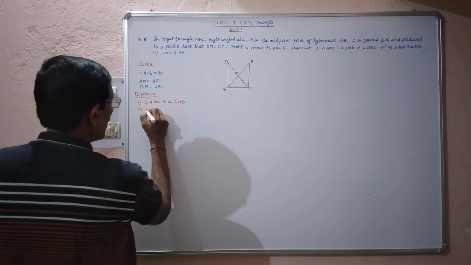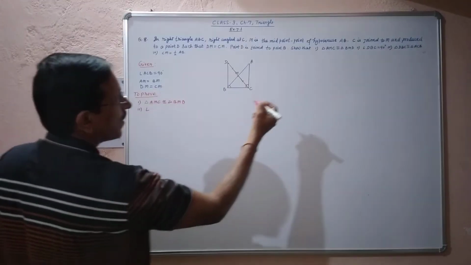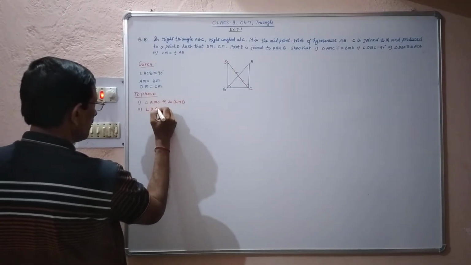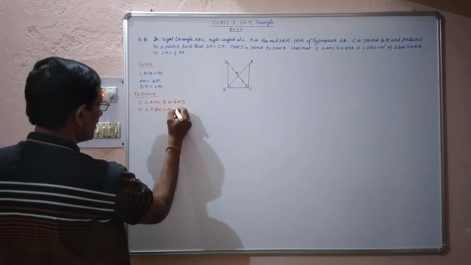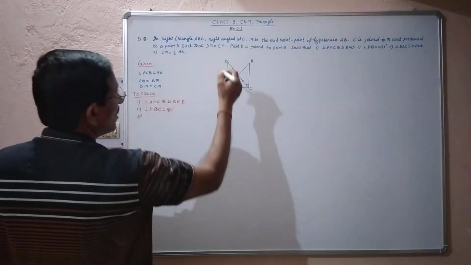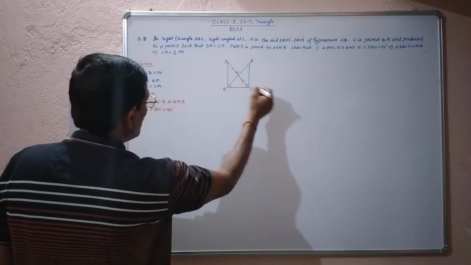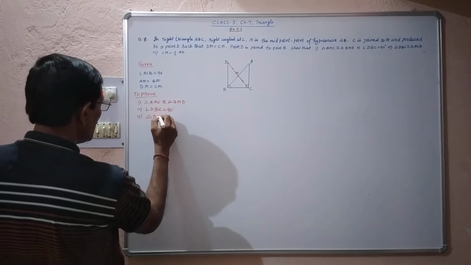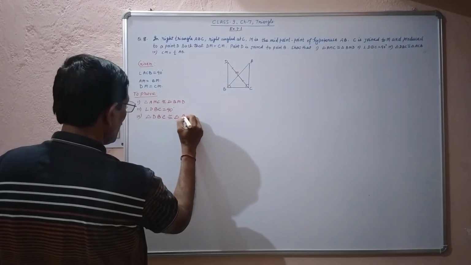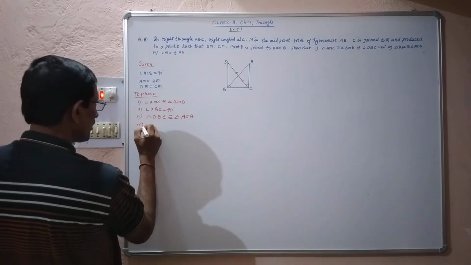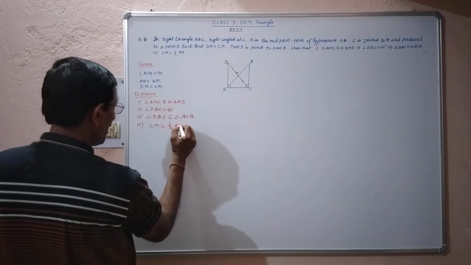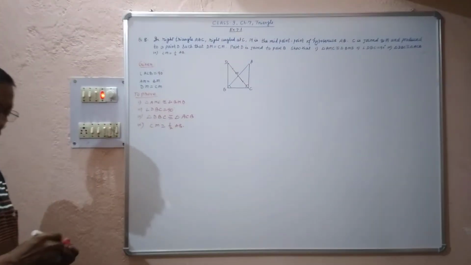Second, angle DBC is equal to 90 degrees. Third, triangle DBC is congruent to triangle ACB, and fourth, CM is equal to half AB. These four things we have to prove.